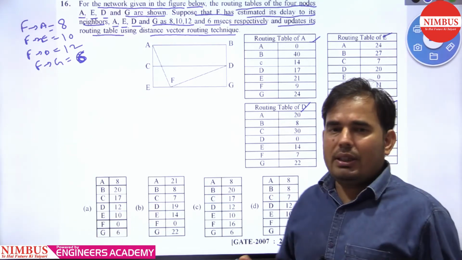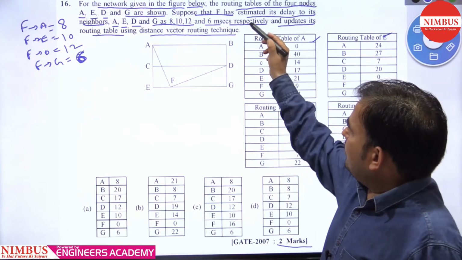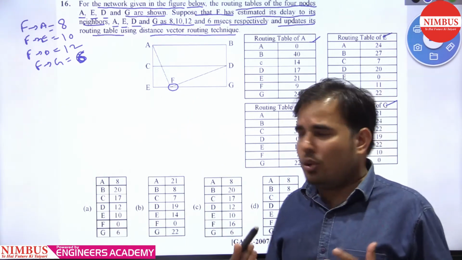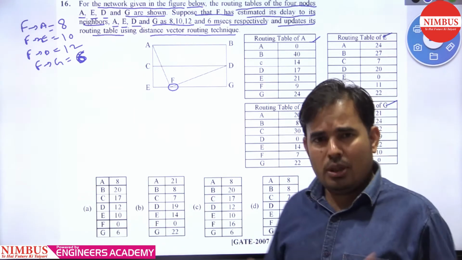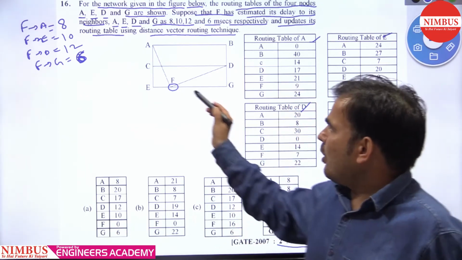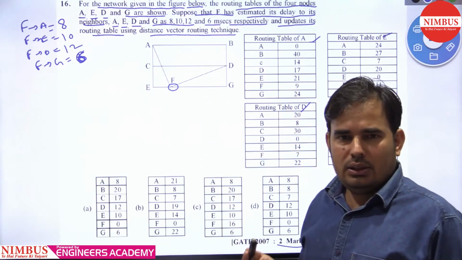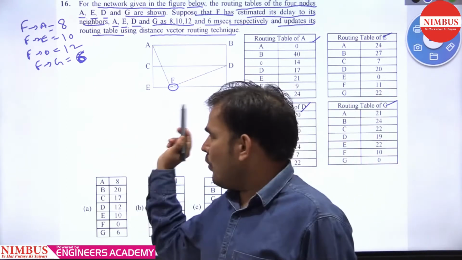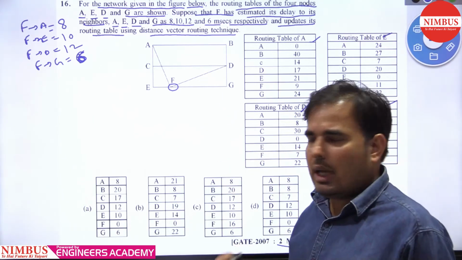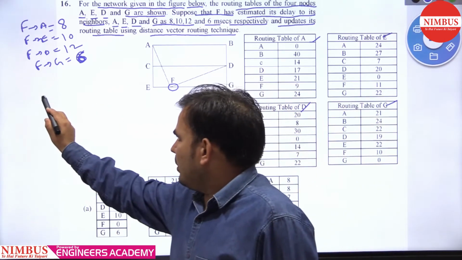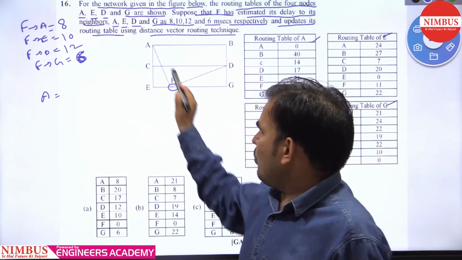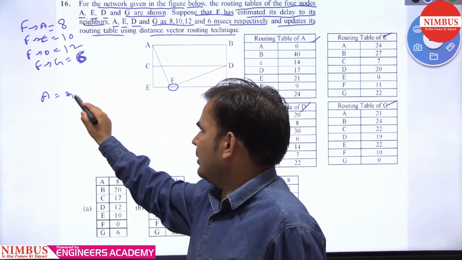So we need to find out the routing table for the node F by using the distance vector routing algorithm. So we need to find out the minimum distance from F to A to form the routing table for the node F. If we want to find the minimum distance from F to A, then we need the minimum path.